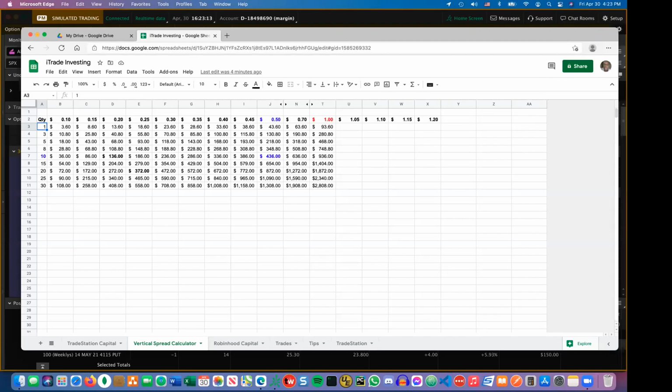Right. So what I will actually do is enhance this spreadsheet a little bit to include max loss and max profit, and also the cash requirement for the trade, so that you know exactly how much you need to get into the trade, how much you could potentially make, and how much you could potentially lose.